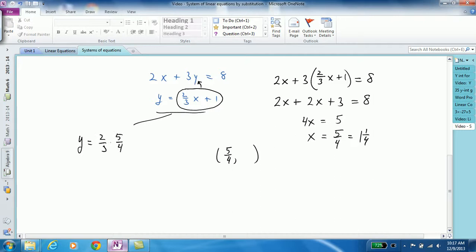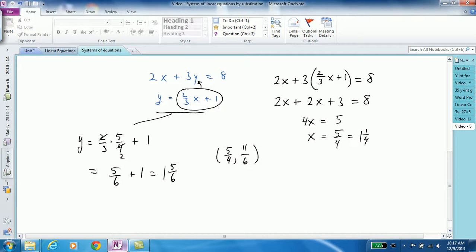It's actually good to have the improper fraction while you're working with fractions, plus 1. And 2 goes into 4 twice. So 5/6 plus 1, or 1 5/6. Or if you like, 11/6. So that is the point of intersection.